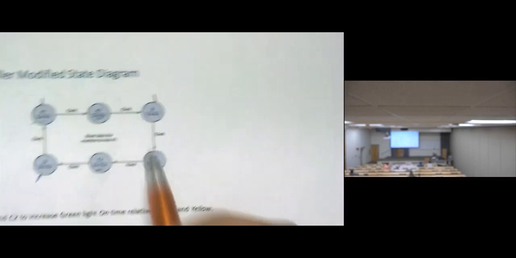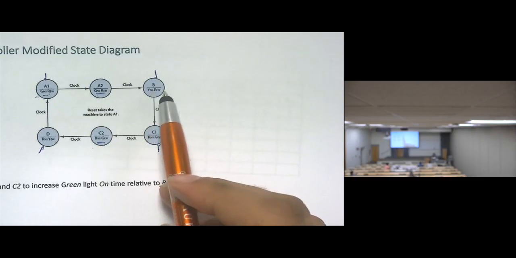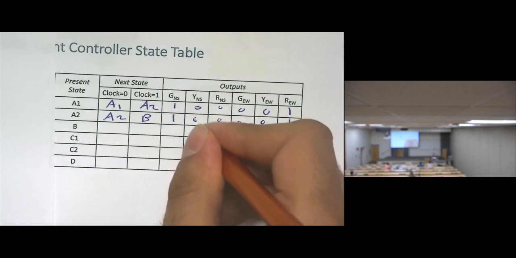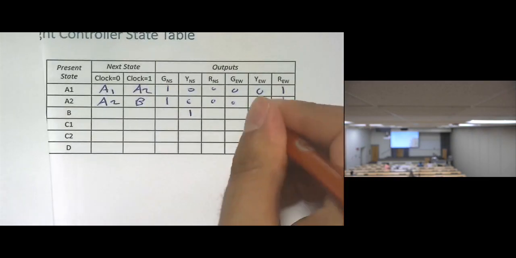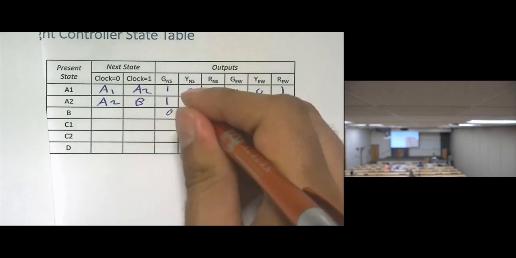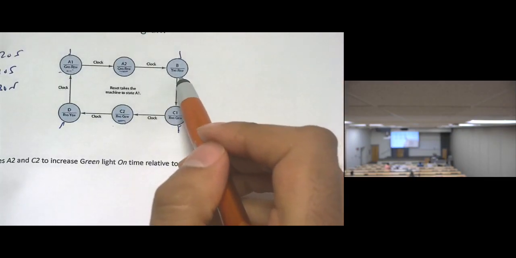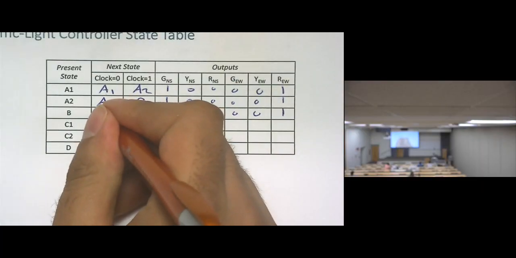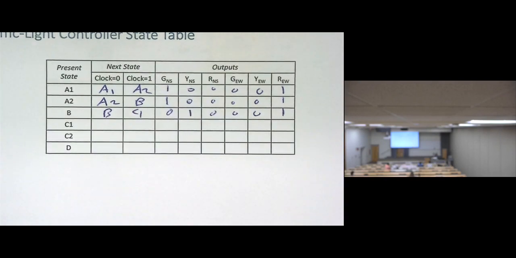Now at state B, the yellow north-south is on, and the red east-west is on. The rest are zeros. How about the clock? If the clock is not done, I will remain at B. If the 10 seconds is done, I will go to C1. Okay?